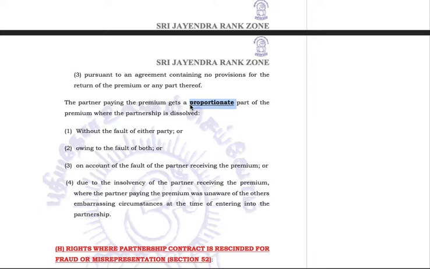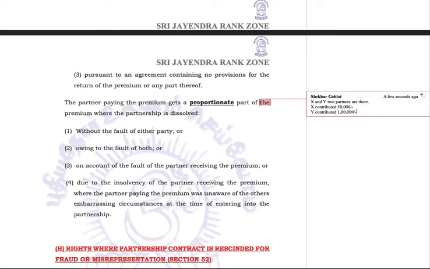Suppose X and Y, two partners, are there. Now Y contributed 1 lakh, and X contributed 50,000.